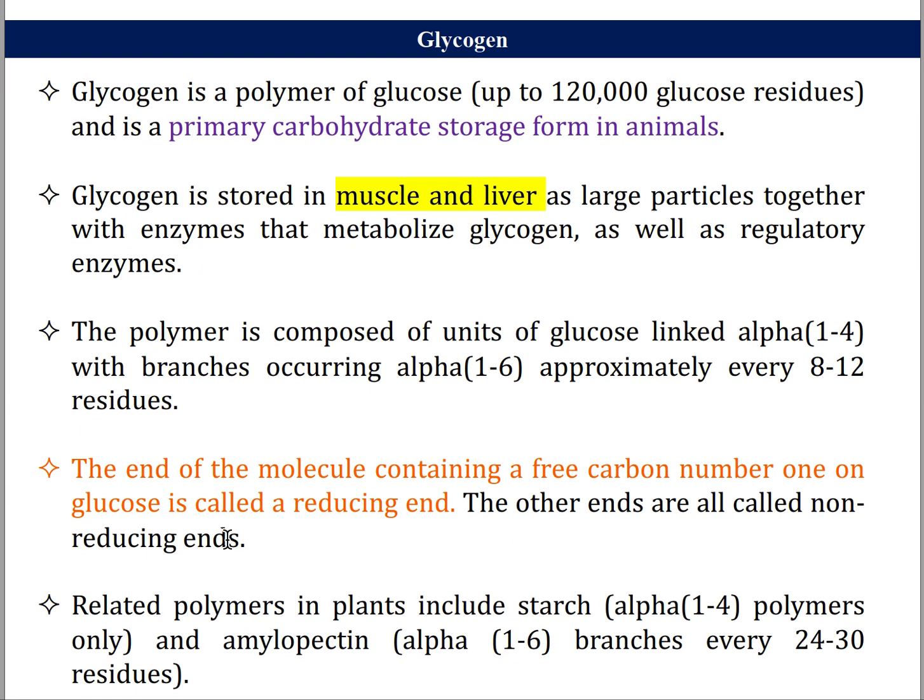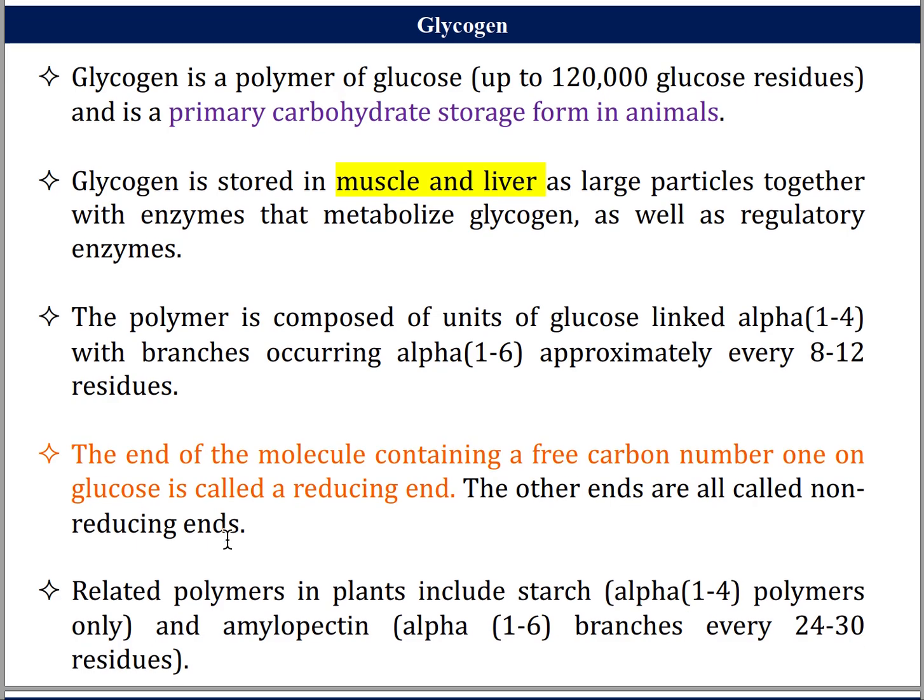Glycogen is a polymer of glucose containing 120,000 glucose residues and is a primary carbohydrate storage form in animals. Glycogen is stored in muscles and liver as large particles together with enzymes that metabolize glycogen as well as regulatory enzymes.